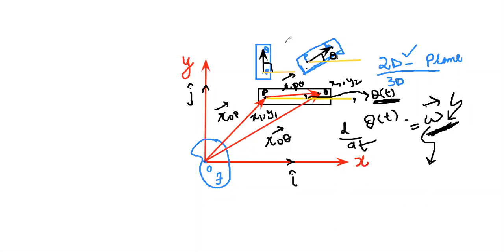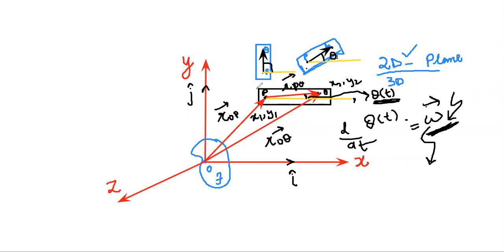At that time, one more coordinate of p and q will change, and that will be the z coordinate. The z coordinate comes into the picture when the duster is moved away from the blackboard.